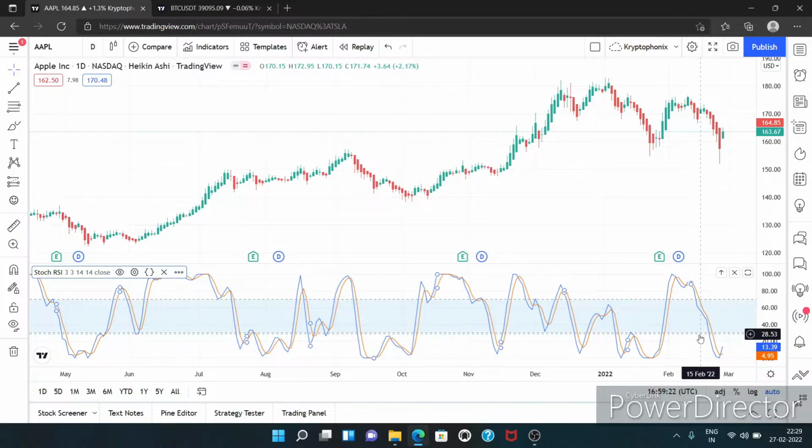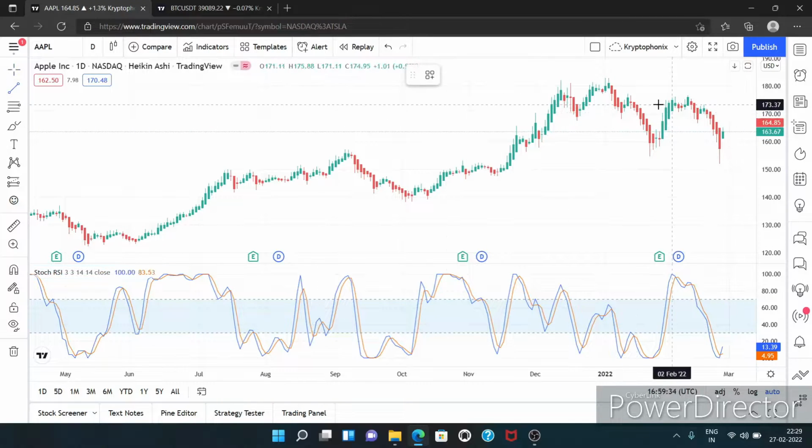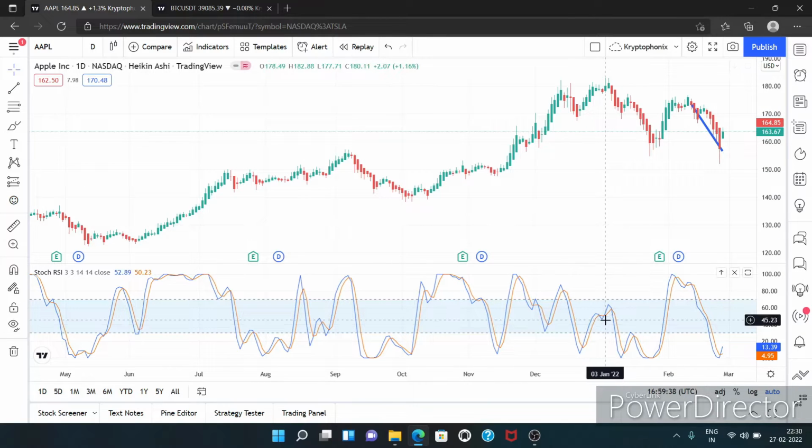This is the 70 mark, this is the 30 mark. This is a sell signal. As a result of this signal, a down move was seen.